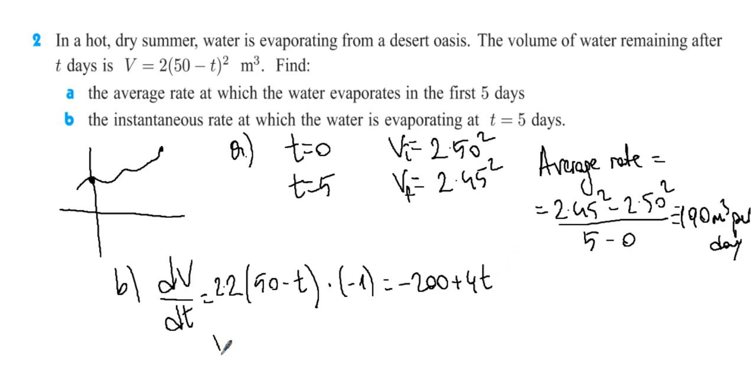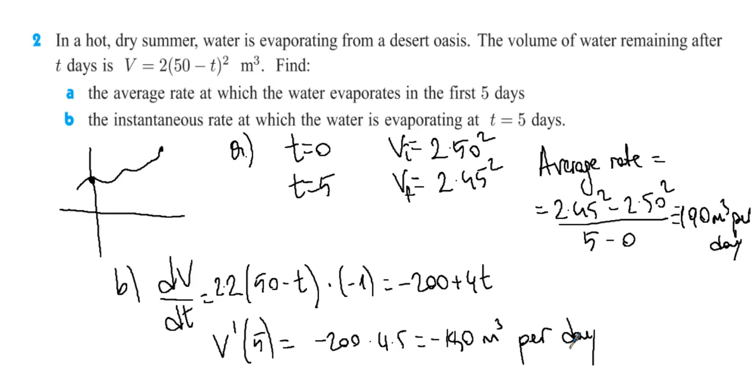So the derivative of the volume at 5, what do we do? Minus 200 plus 4 times 5, it will be negative 180 meter cube per day. So the negative sign again just means decreasing. This is the rate of change.